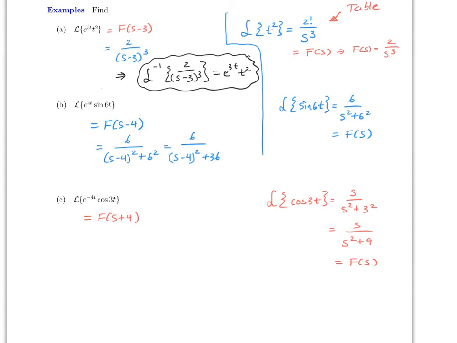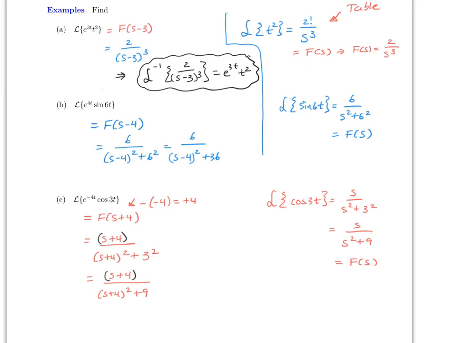And the reason why it's plus is because this is minus, so you can think of this as minus 4, which is plus 4. All right, so therefore this will now be (s plus 4) over (s plus 4) squared plus 3 squared, or (s plus 4) over (s plus 4) squared plus 9.